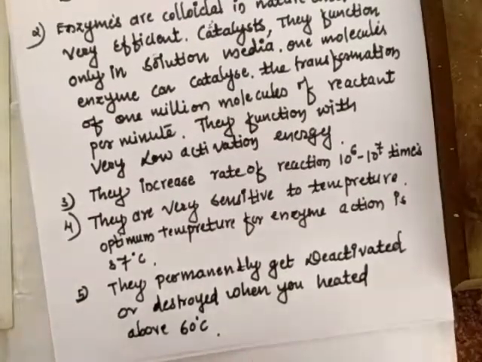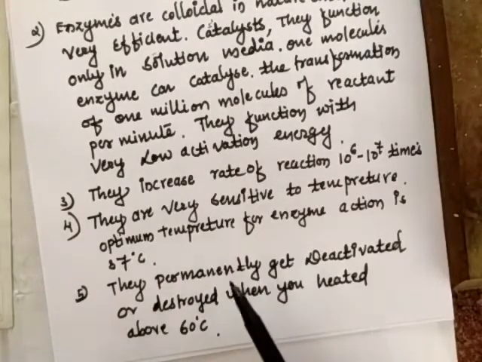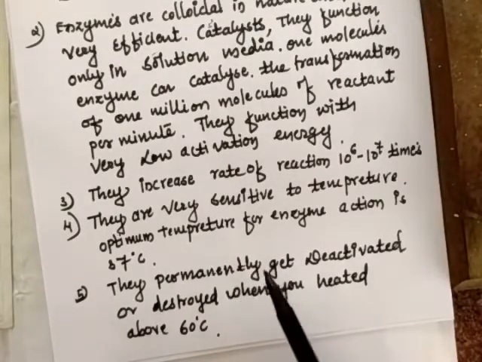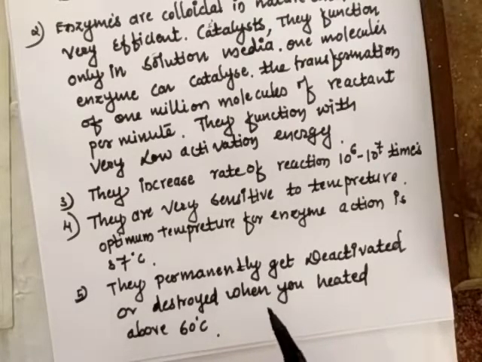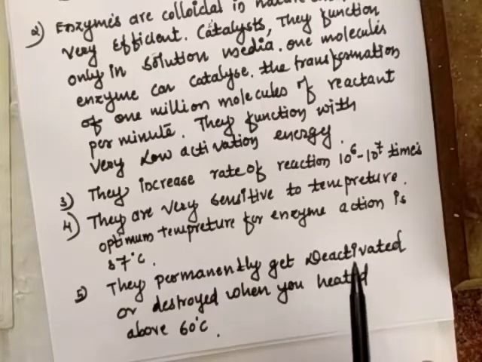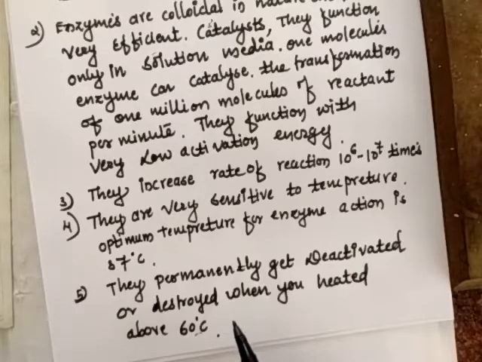When you do not boil milk properly at home, within 6 to 7 hours it may form curd. Why? Because of this catalysis reaction. For the permanent destruction or deactivation of those enzymes, we have to heat it properly above 60 degrees Celsius, meaning the milk should be boiled so that fermentation or curding will not happen, isn't it? This is your familiar example. So what is the fifth point? They are permanently deactivated or destroyed when heated above 60 degrees Celsius.